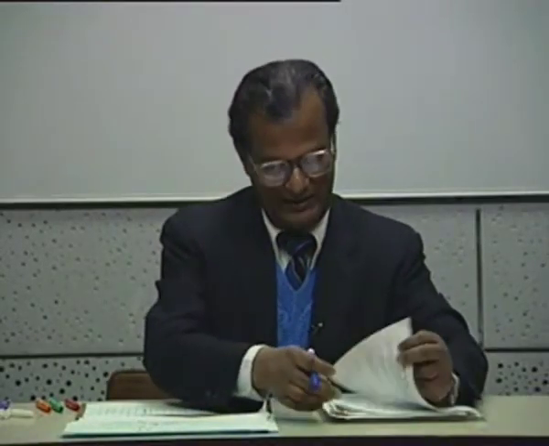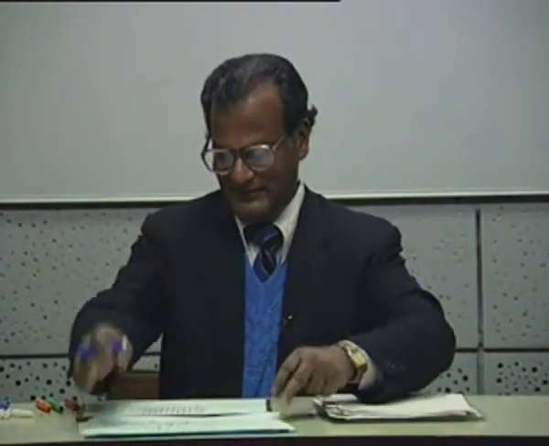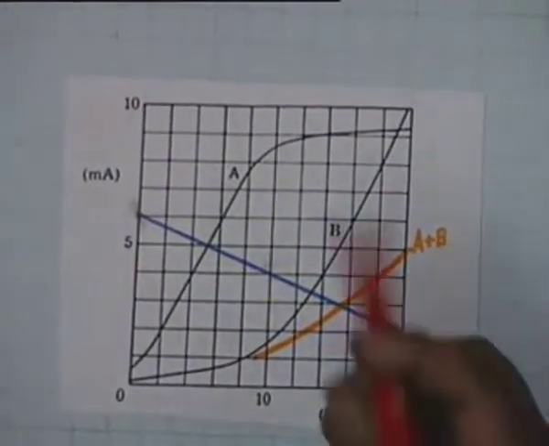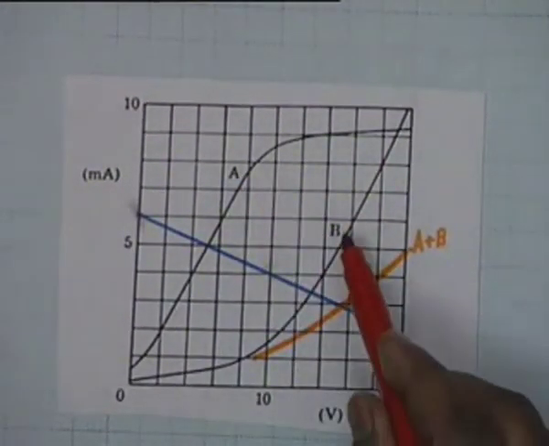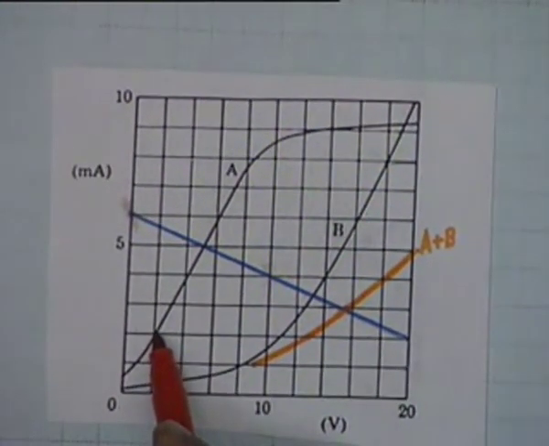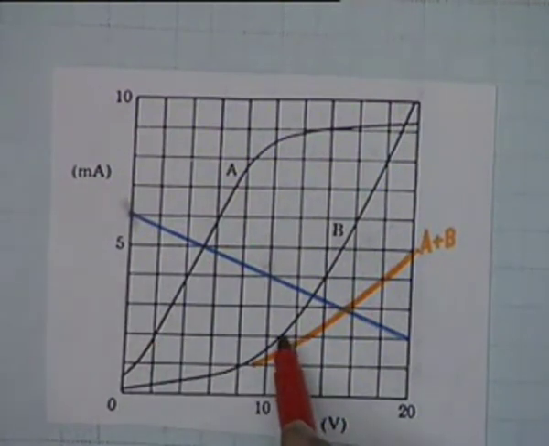Let me show you. I have actually done this. Is this graph visible? Yes? Okay. So this is the characteristic of the device A, this is the characteristic of the device B. For example, take a current of 2 milliampere. I read VA, let us say this is about 2. I also read VB, that is the other curve, and this is about 11.